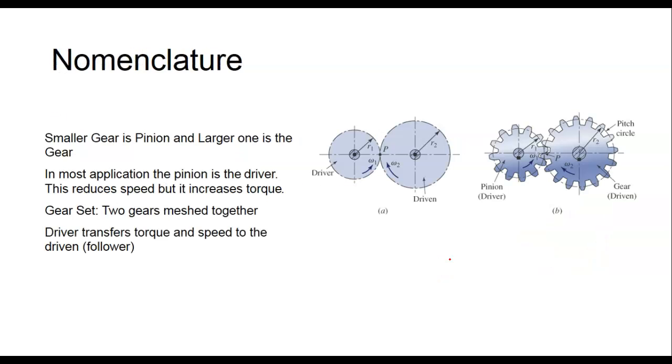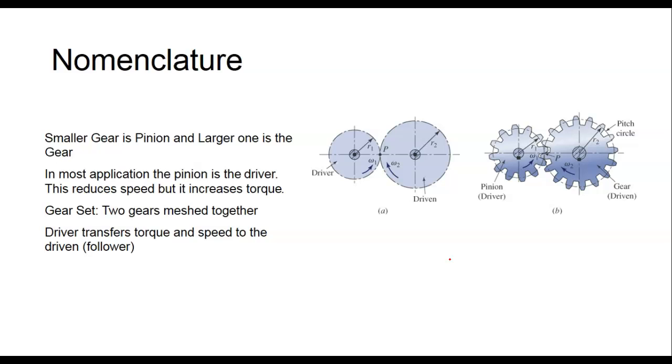The smaller gear is what we call a pinion gear. The largest gear is called a gear. In most applications, the pinion gear is the driver, but not in all applications. It depends on whether you want to increase torque or increase speed. Does that make sense?